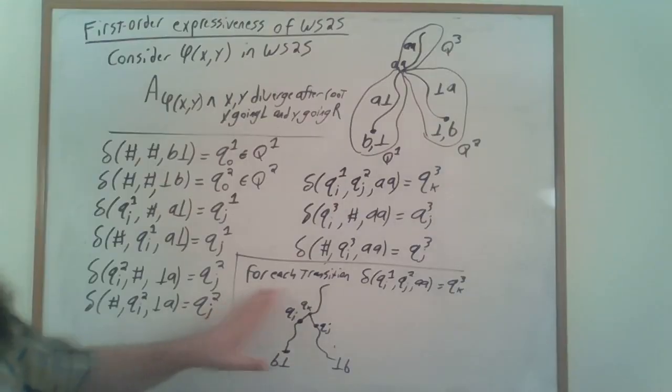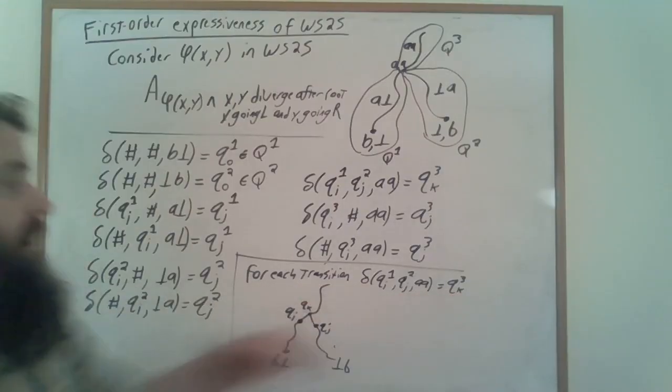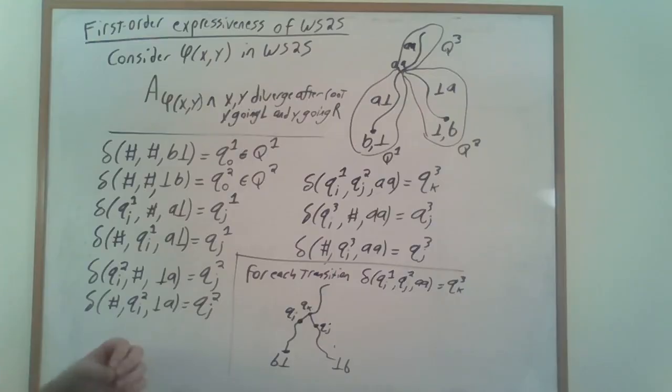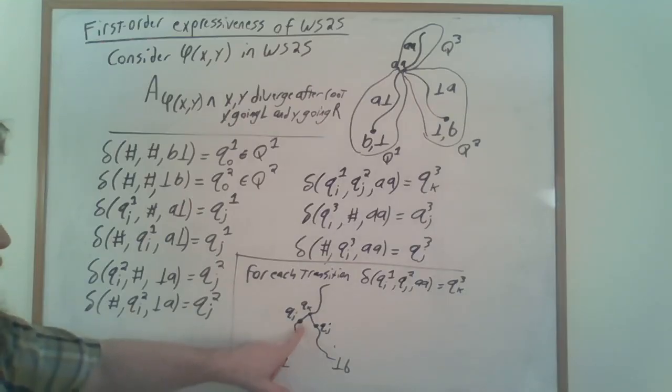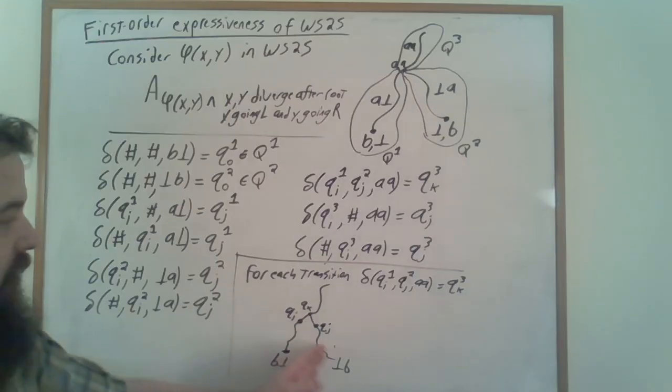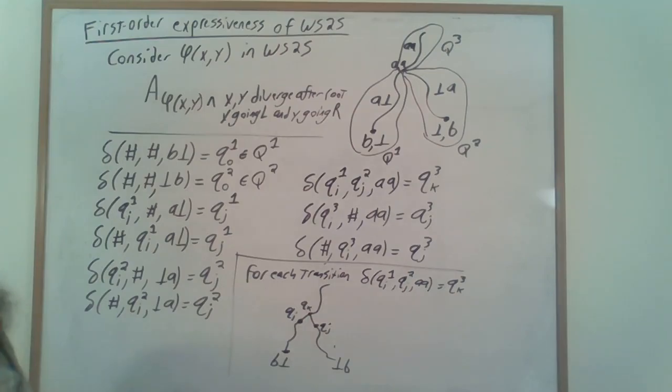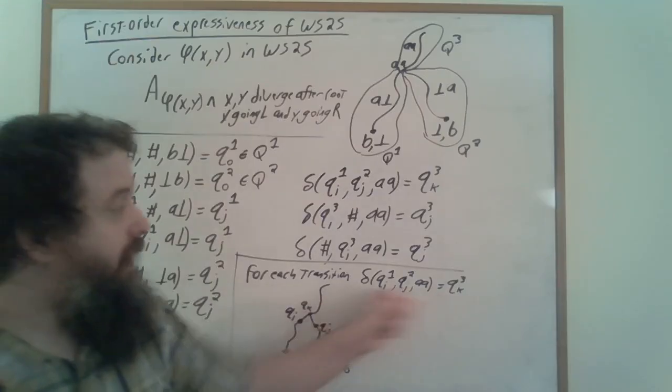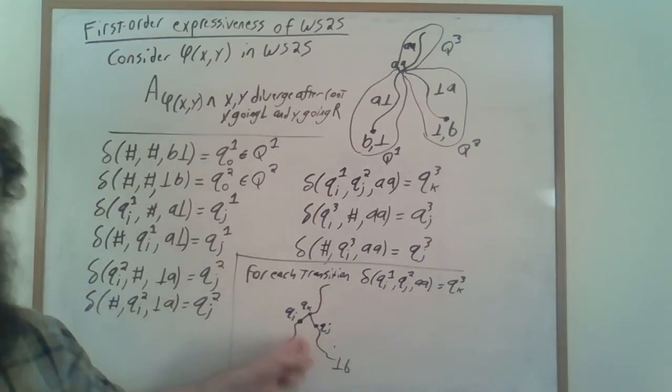So if we focus on transitions that look like this, each tree word in our language is going to have exactly one such transition in it. The transition that shows up when our two branches merge together. And so let's partition the set of tree words in our restricted language by which of these transitions shows up in it.